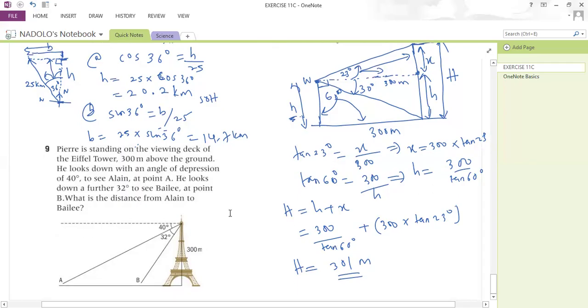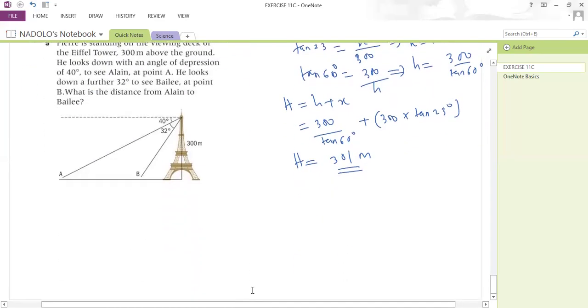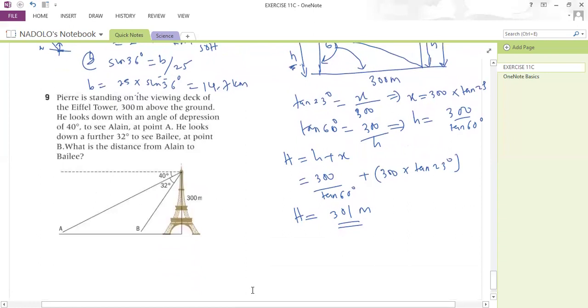Okay, let's look at the next question. The next question is question 9 about the Eiffel Tower. Eiffel Tower is 300 meters above the ground.